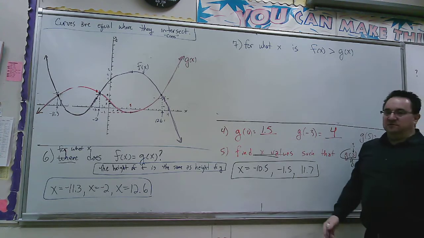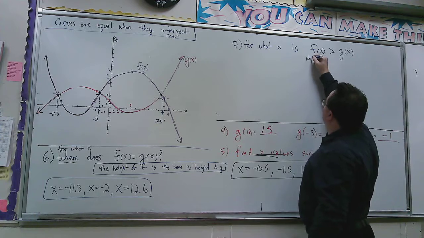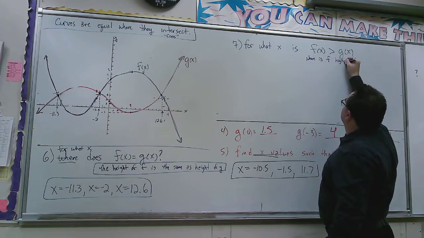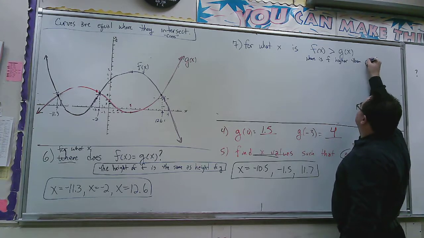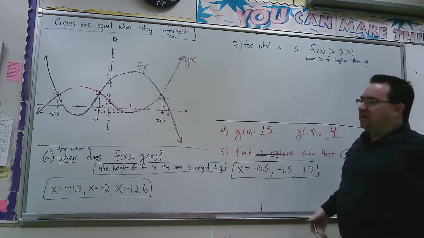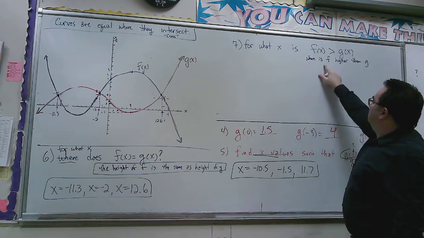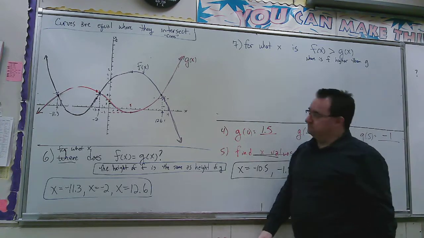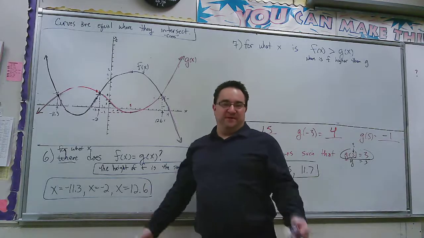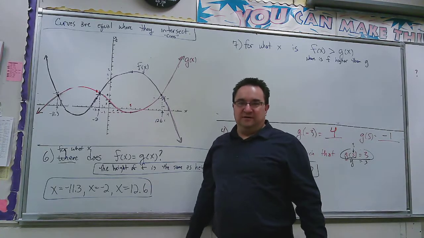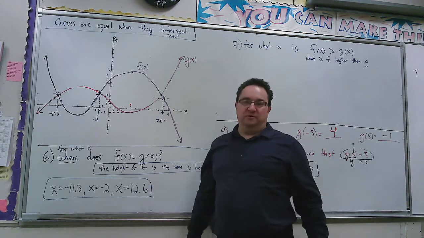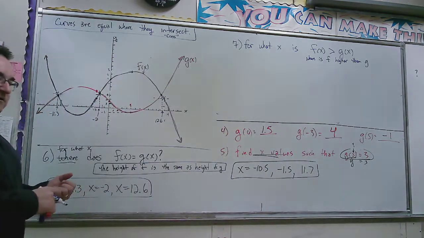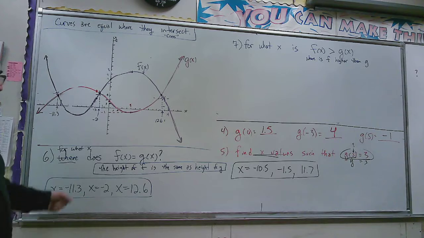Now that literally means, where is f higher than g? Because greater means bigger. If this was less than, I would say, where is f lower than g? And it's very visual. F is bigger than g, literally everywhere the purple is higher than the red. See, now, sometimes you got to know how to look at a graph.